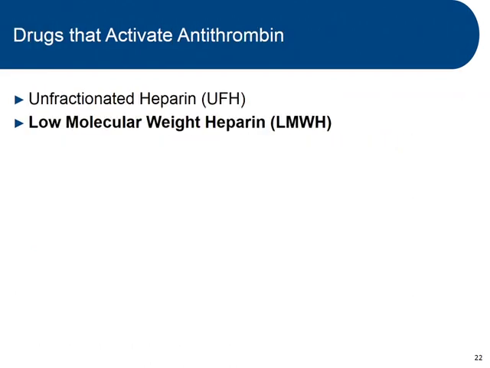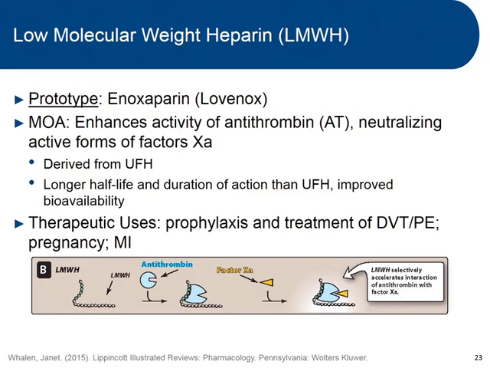Let's now talk about low molecular weight heparin, also known as LMWH. All right, so let's move on to our next drug, low molecular weight heparin. The prototype low molecular weight heparin is enoxaparin or Lovenox. There are a couple different low molecular weight heparins available in the United States.